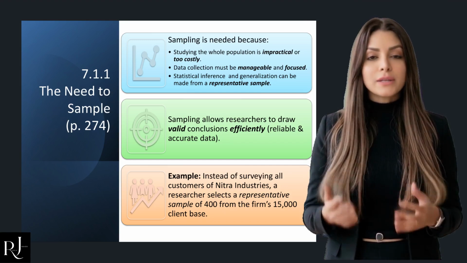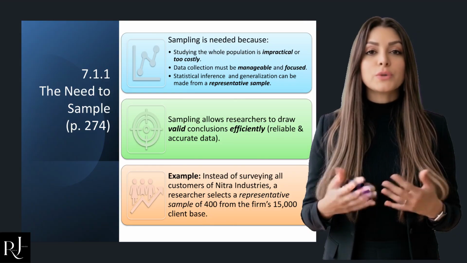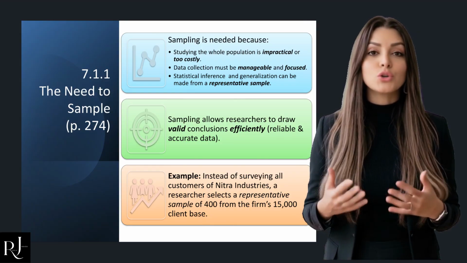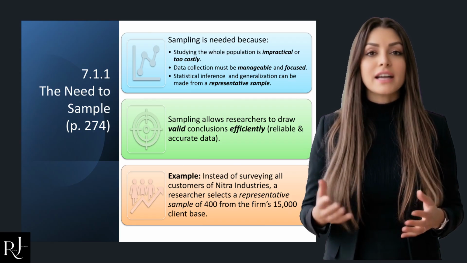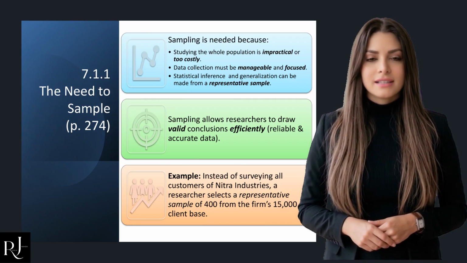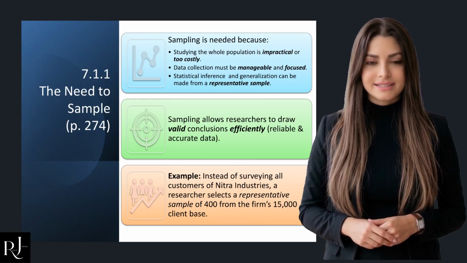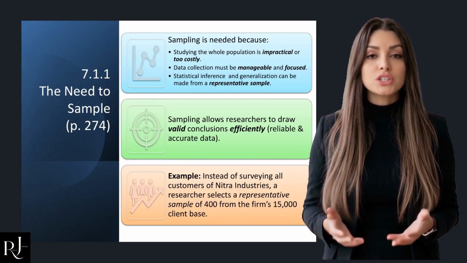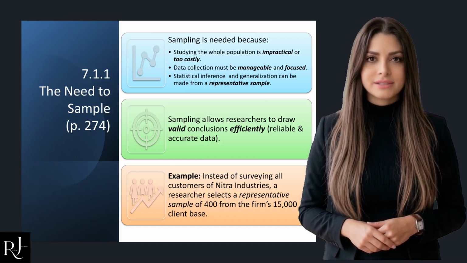Why do we need to sample in the first place? Simply put, studying an entire population is often impractical or far too costly. Sampling makes data collection manageable and focused. It allows us to perform statistical inference, where we make generalizations about a large group based on a smaller representative sample.